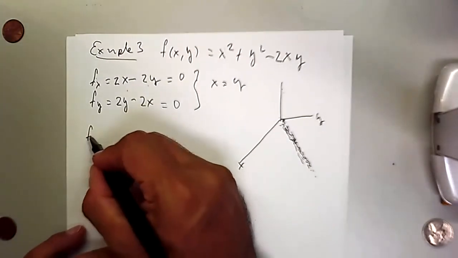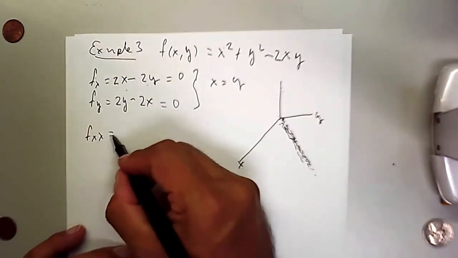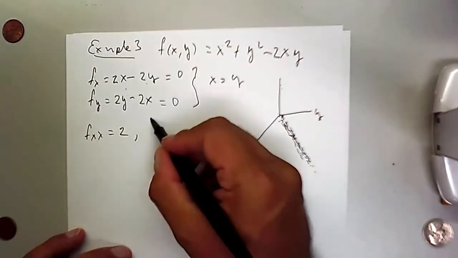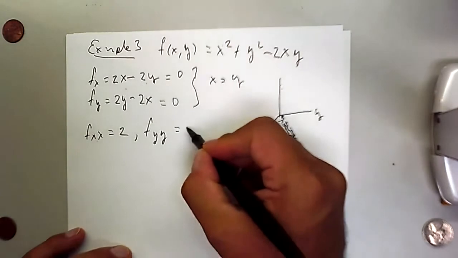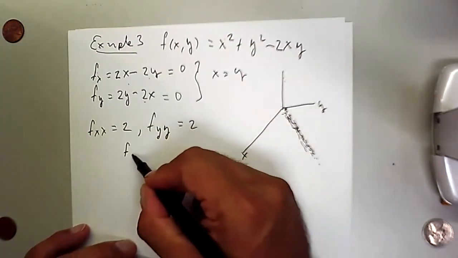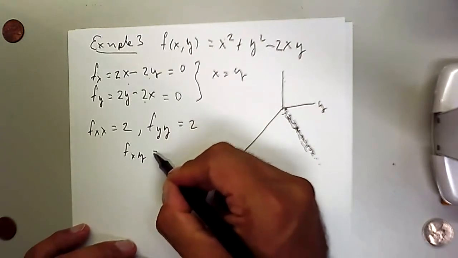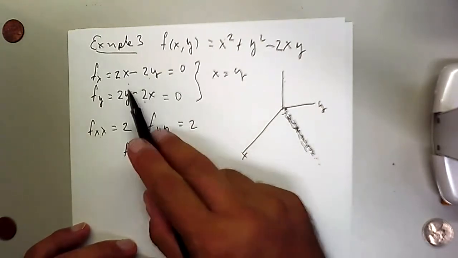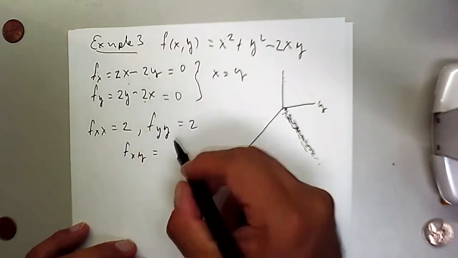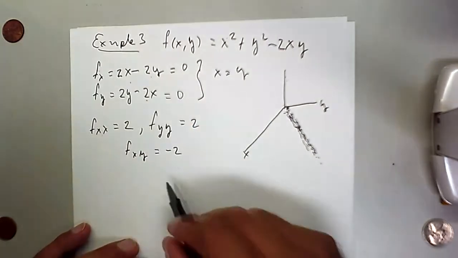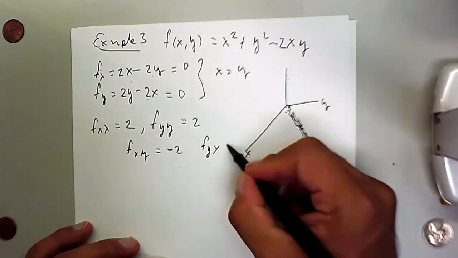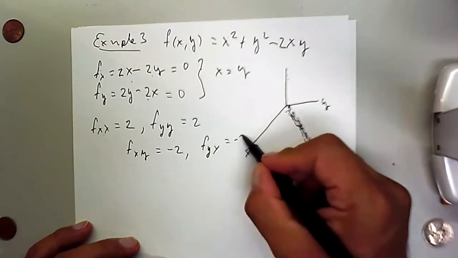The second derivative with respect to x will be 2, as in the previous two examples. Second derivative with respect to y is going to be 2. There you go. The combined derivative, f sub xy: the derivative with respect to x is that, and the derivative of that with respect to y will be -2. And similarly, f sub yx is equal to -2.